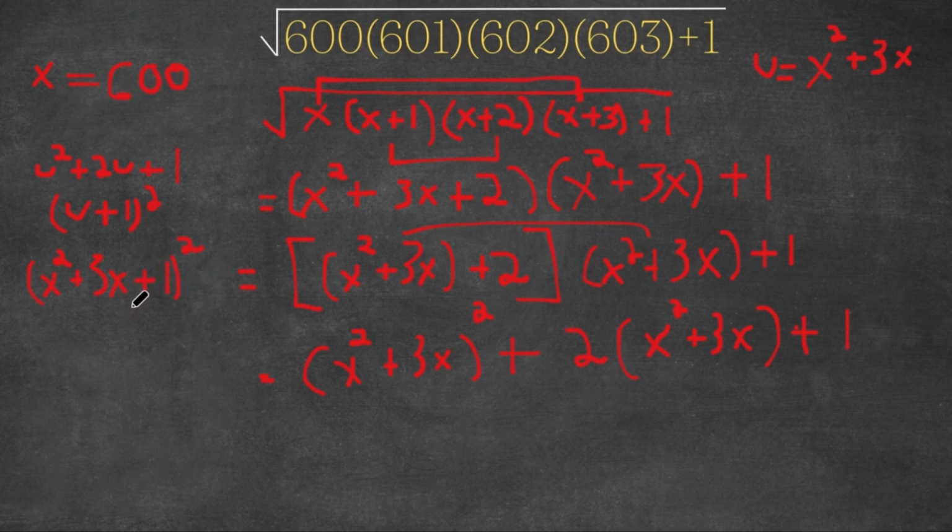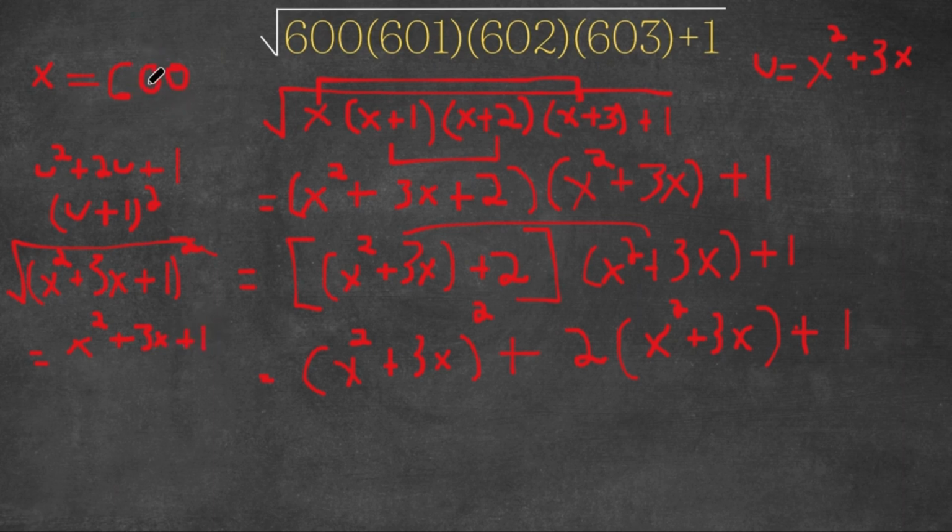So now, as we know, x is equal to 600, right? So now if we fill in 600 for x, well, first we know that we're finding the square root of all this, but that would just cancel out this exponent here. So this would just equal x squared plus 3x plus 1.